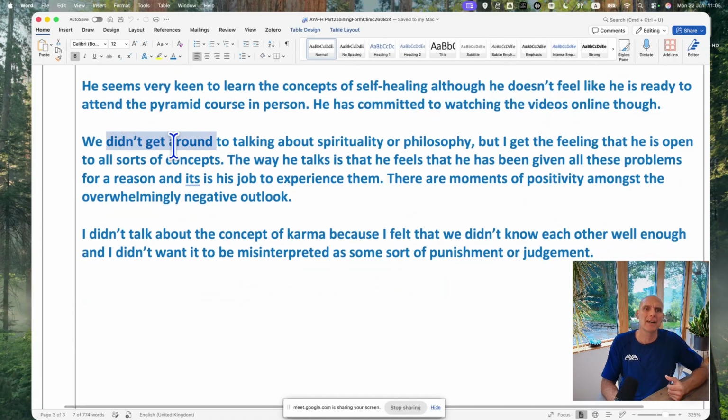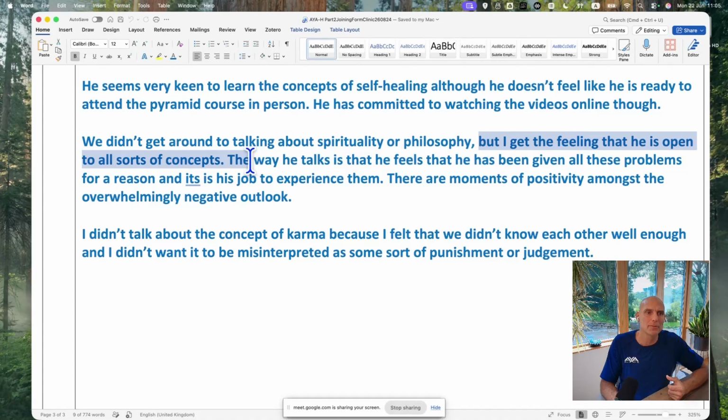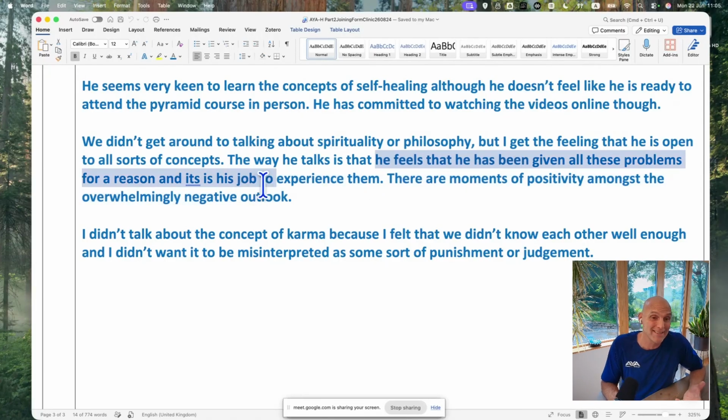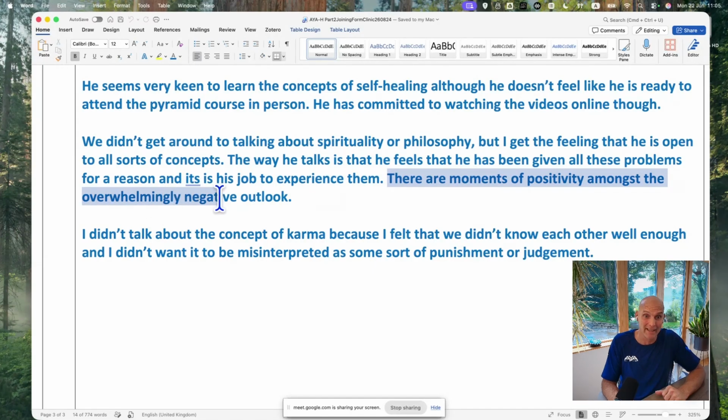Now, we didn't get around to talking about spirituality or philosophy, but I get the feeling that he's open to all sorts of concepts. And the way he talks is that he feels that he's been given all these problems for a reason, and it's his job to experience them. So, there are some moments of positivity, but to be honest, it's amongst an overwhelmingly negative outlook.